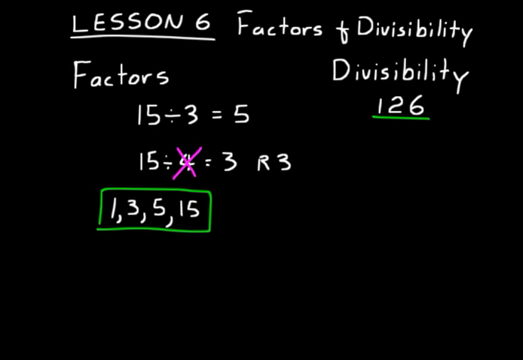And let's use the number 126 and figure out what the different factors are. So just starting at the beginning of that table, 2 is a factor of 126 if the last digit is even. And in 126, 6 is an even number. That's the last digit.